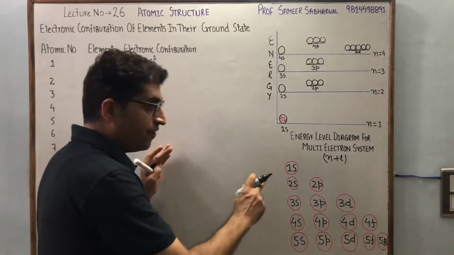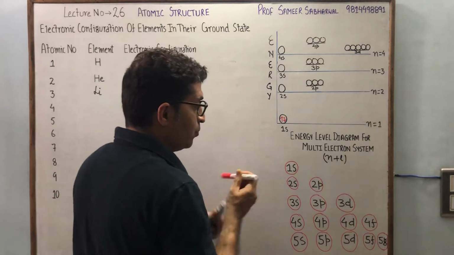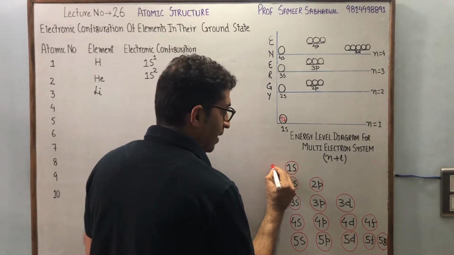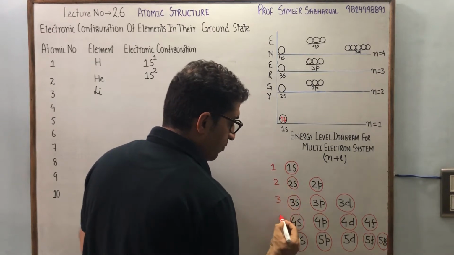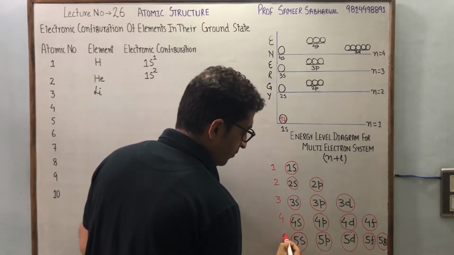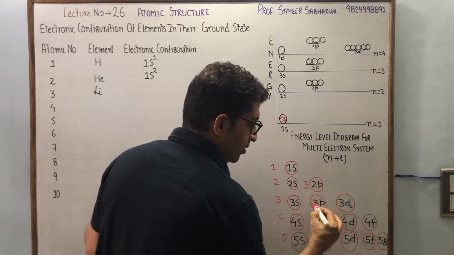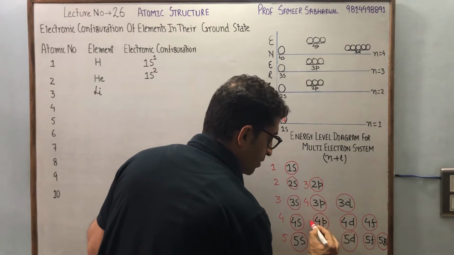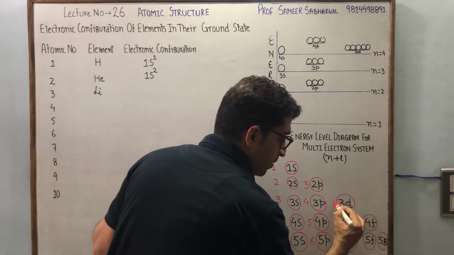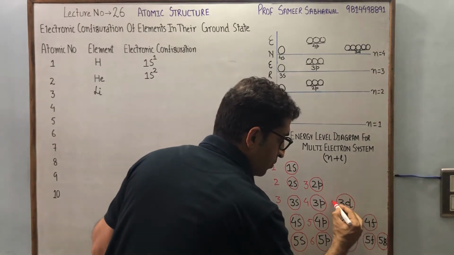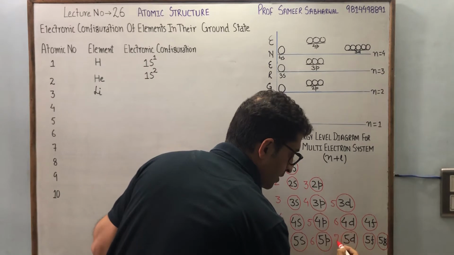So if I count its value for 1s, this comes out to be 1. For 2s this is 2, 3s this is 3, 4s this is 4, 5s this is 5, and for 2p, 2 plus 1 is 3, 3 plus 1 is 4, 4 plus 1 is 5, 5 plus 1 is 6. For d, l is 2, so 3 plus 2 is 5, 4 plus 2 is 6, 5 plus 2 is 7.